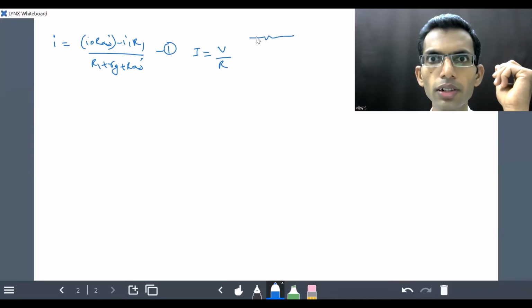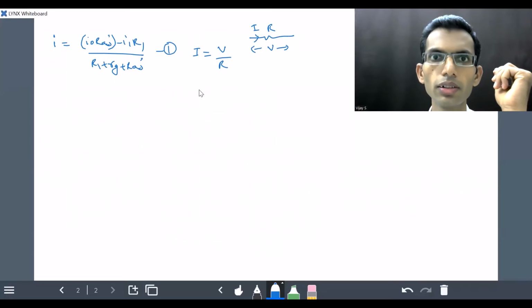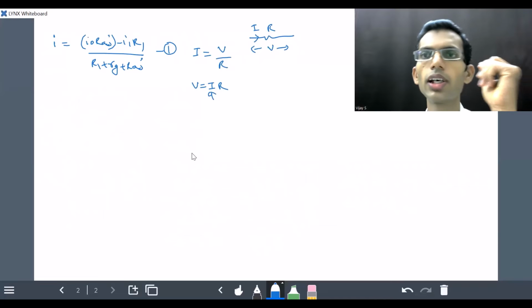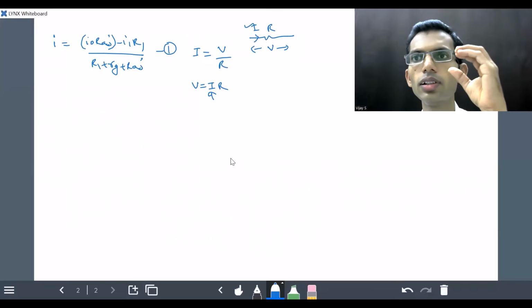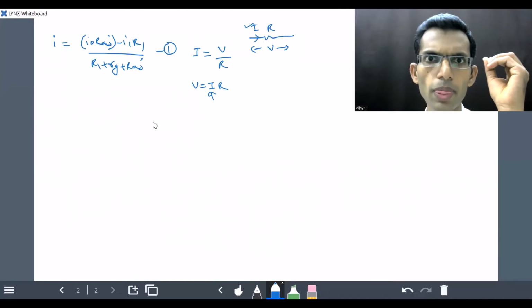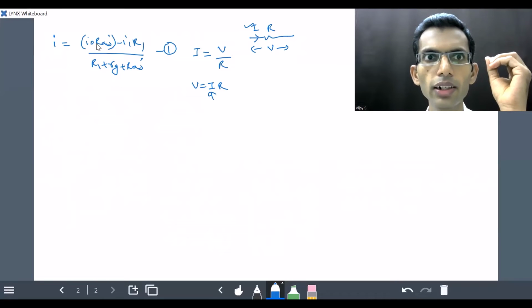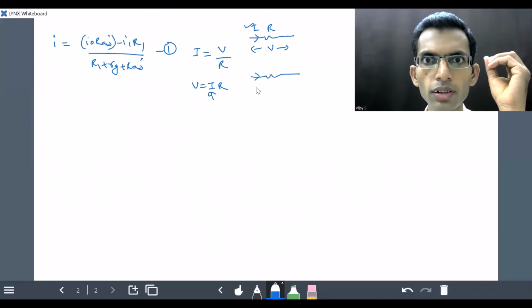Here, I is nothing but the current flowing through the resistance R, and V is nothing but the potential difference across the resistance R. That means V is equal to IR. What does this I represent in the IR product? It represents the current flowing through the resistance R. So when we apply this to I0 RAJ, I0 represents the current flowing through the resistance RAJ.